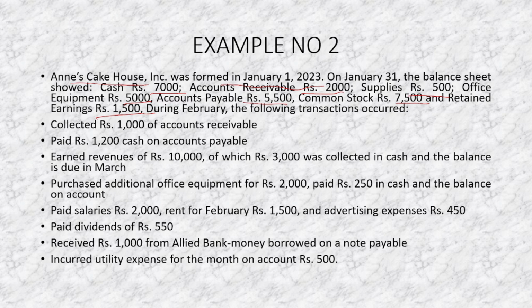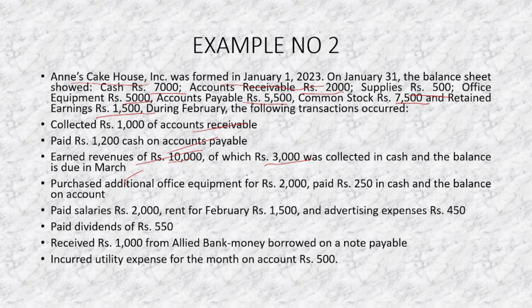The amount collected for accounts receivable was 1,000. 1,200 was paid on accounts payable. Earned revenues of 10,000, of which 3,000 was collected in cash and the balance was due in March.